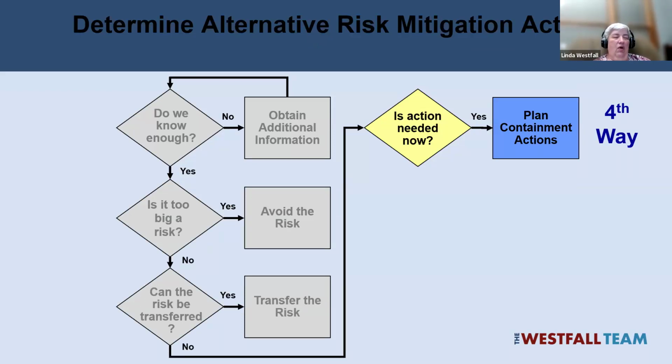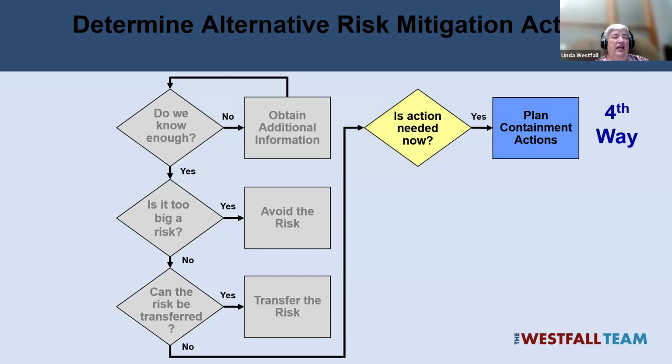These are actions that we're actually adding to our project. Yes, they're going to cost us money and time, which increases the cost of the risk. But if the opportunity is worth it, we can take those actions. So that's the fourth way.